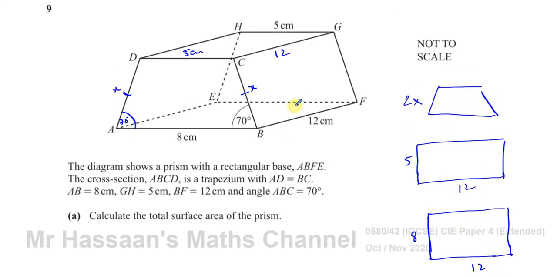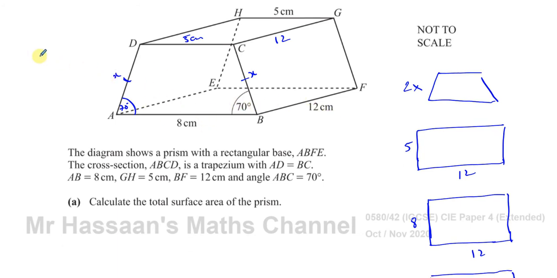So let's deal with the trapezium first. Now, to find the area of this trapezium, the formula for the area of a trapezium is the vertical height, which is the distance between the parallel sides, divided by, well, how most people write it is basically a half times (a plus b) times h.